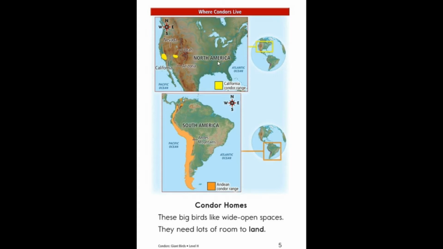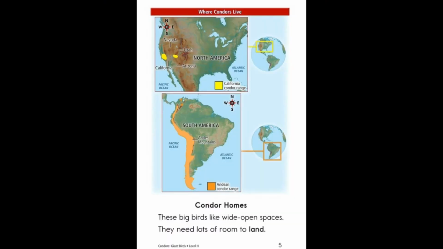Condor homes. These big birds like wide open spaces. They need lots of room to land. Sometimes when you have a nonfiction book, they'll use things like maps or charts or graphs to help you understand something better. For example, this one has a map on it, and now I'm looking at the map and it makes a lot more sense why I've never heard of this bird and I've never seen it at all.